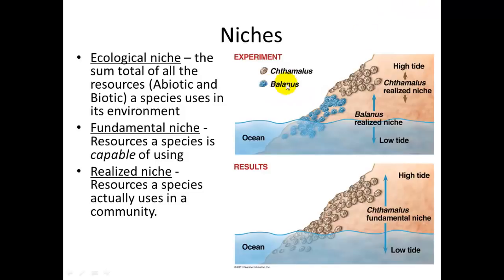And so if you put in this Balanus species, it actually can't go all the way up to this high tide area, but it outcompetes the Thymalus species in this lower tide area. And so Balanus causes the realized niche of the Thymalus species to be much lower than its fundamental niche. So competition then affects the ability of the niche, or the realized niche.